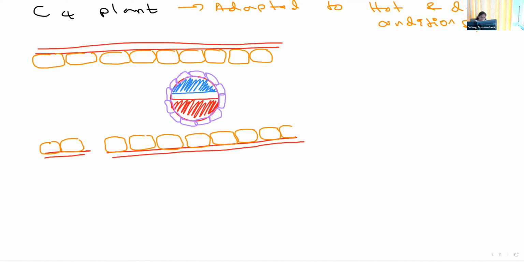And chloroplasts are going to be present in the bundle sheath cells. Can you put the green dots inside?